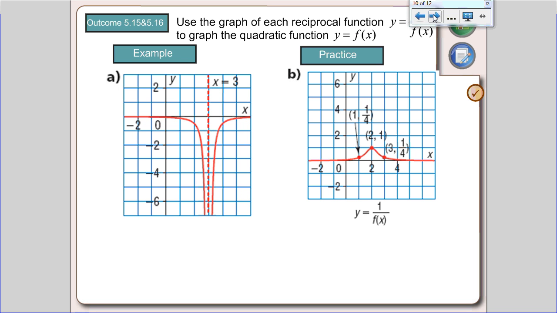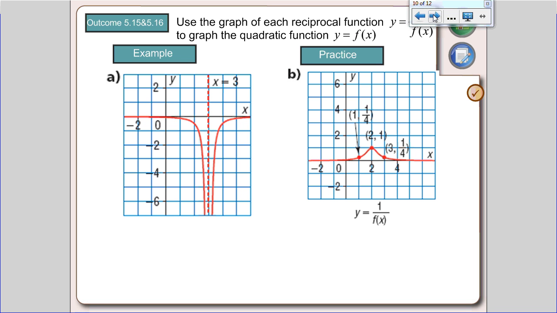You're now going to have graphs of reciprocal functions, and you're going to have to go back and graph the function it originally came from. So we look at this, and you say, this is 1 over f of x. That graph right there. Now graph f of x. f of x is just some function, so this is the reciprocal of some function.